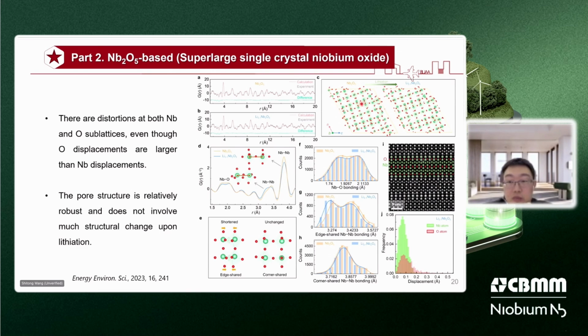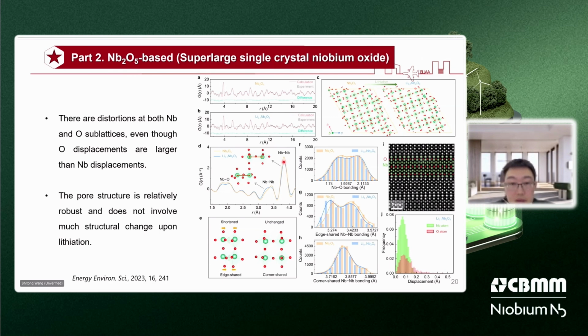And from this one, we can see there are distortions at both the niobium and oxygen sublattices, even though the oxygen displacements are larger than the niobium displacements. To compare the structure before and after lithiation, we focus on this one and this one.